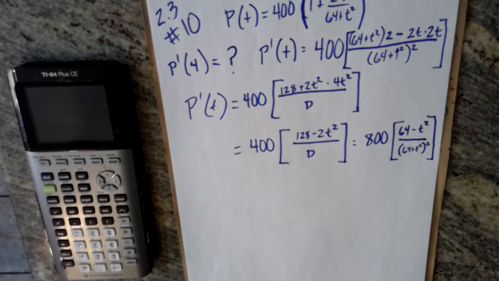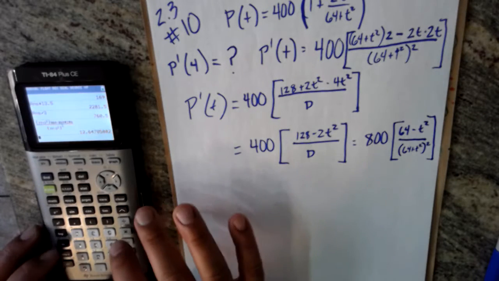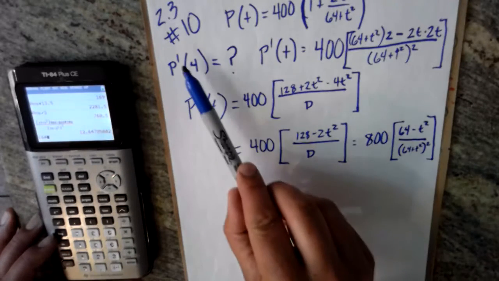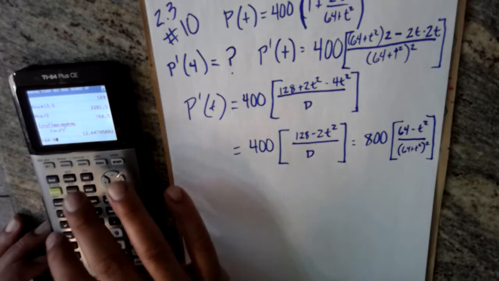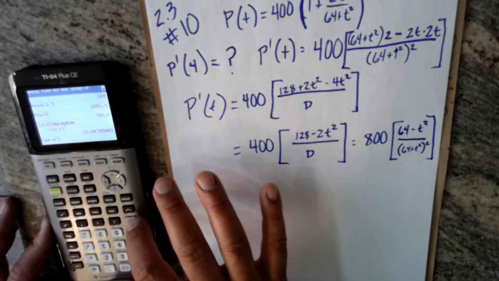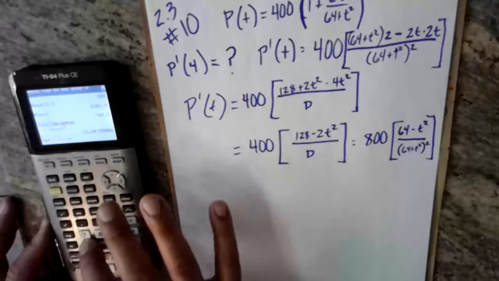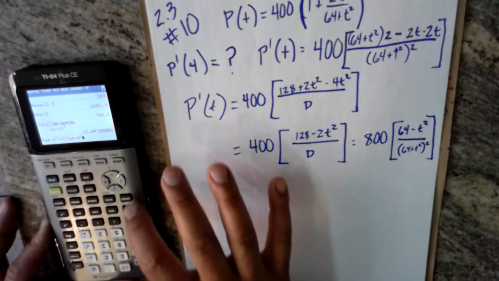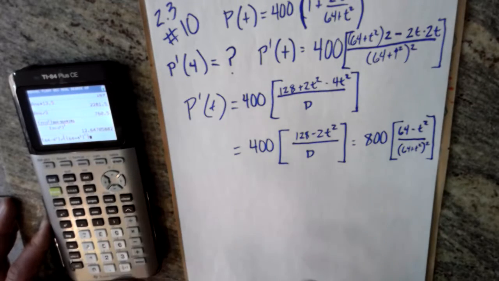Okay? And when you put that in your graphing calculator, let's see. Parentheses, 64. We're looking for this at 4. So 64 minus 4 squared, divided by parentheses, 64 plus 4 squared, close it.